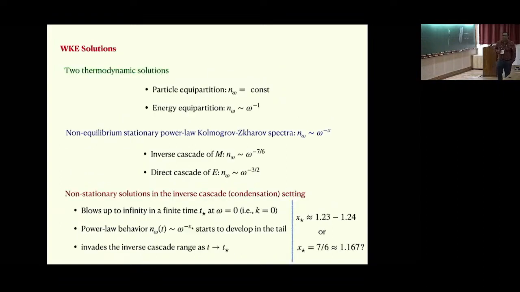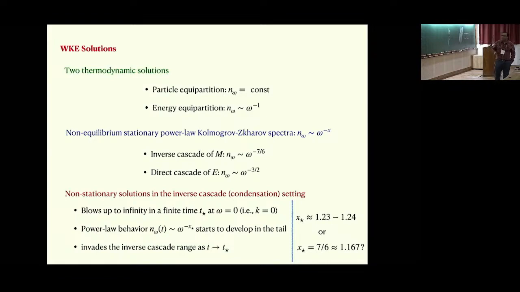For example, if you look for solutions of the wave kinetic equation, you have two thermodynamic solutions. The first corresponds to particle equipartition, which tells you n omega is constant. The second is energy equipartition, which gives you n omega as 1 over omega.